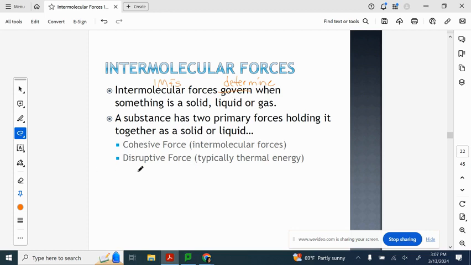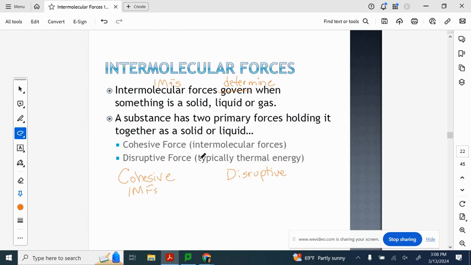And you have these cohesive forces. So cohesive means to do what? Hold together, yeah. So you've got these cohesive forces, which are your IMFs, and you have a disruptive force, typically thermal energy.